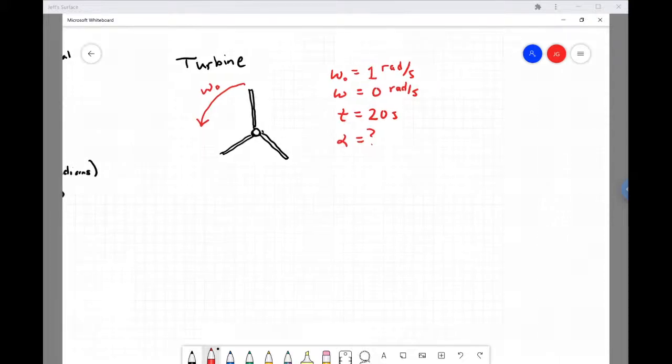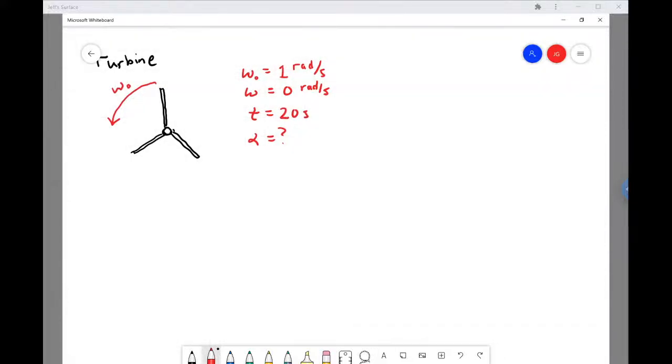which would be alpha. Okay, so if you know the radius, and let me draw it here, if you know the radius of this turbine, it's the length of the blade, you could take all of these quantities and translate them via r into their linear quantities. V naught is going to be r omega naught. V is r omega.